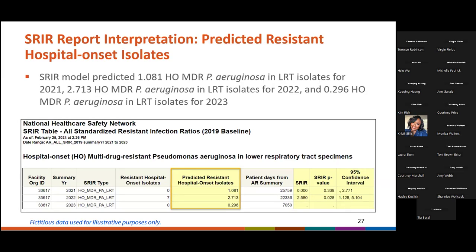Now looking at the predicted resistant hospital onset isolates column, based on 2019 baseline risk-adjusted AR models, we predicted 1.081 hospital onset MDR Pseudomonas aeruginosa in lower respiratory tract isolates for 2021, 2.713 for 2022, and 0.296 for 2023.